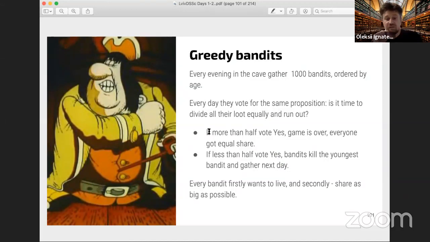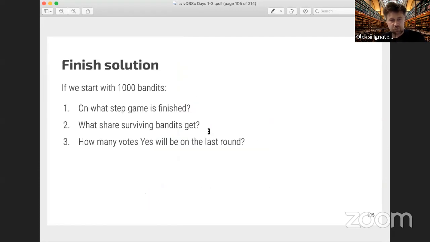If more than half vote yes, then the game is over, they get an equal share. If not more than half vote yes, then the bandits kill the youngest. I hope I answered this question. Okay, back to the illustrative example.